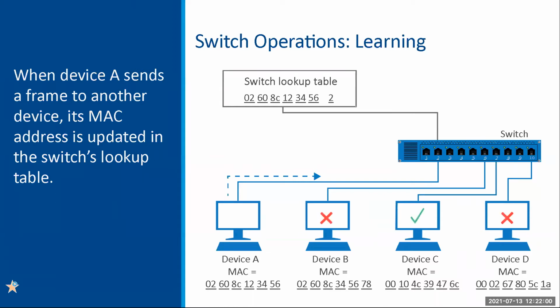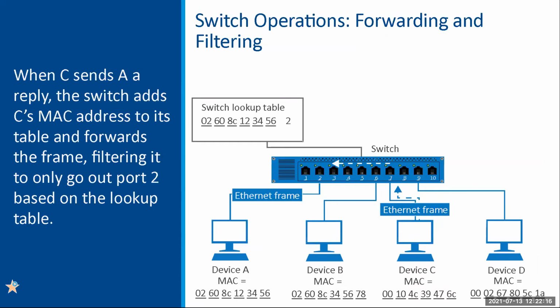If the switch learned a little bit more about the destination, and in this case the destination was device C, then we look in the lookup table that says that device C with the MAC address of 00104C is the device that we wish to talk to.